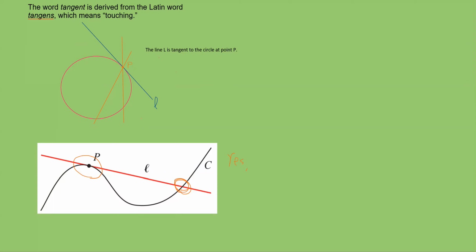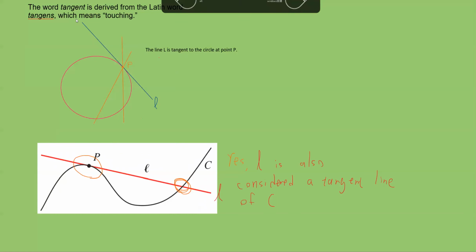That's the red line L as well, in a different example, and that's fine. So L is also considered a tangent line of C at P.